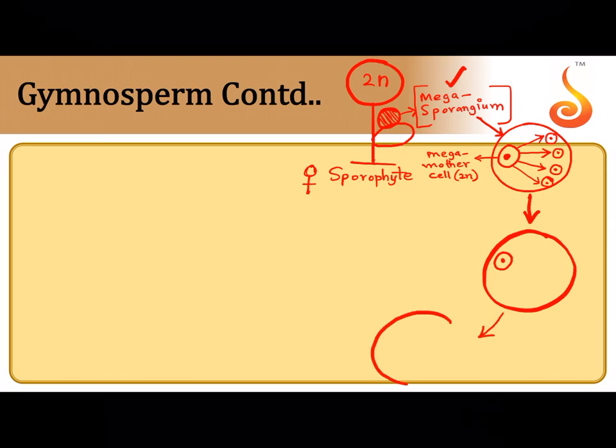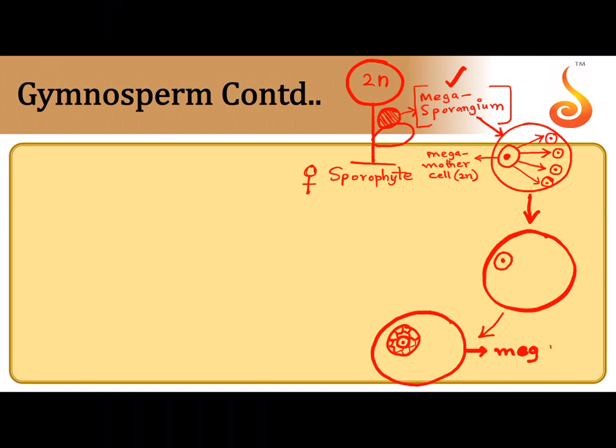And what does it develop into inside the megasporangium? It will develop into a multicellular structure with what in it? Egg in it. What do we call this multicellular structure with egg in it? We call it the female gametophyte. So what are the structures here? This is the megasporangium.